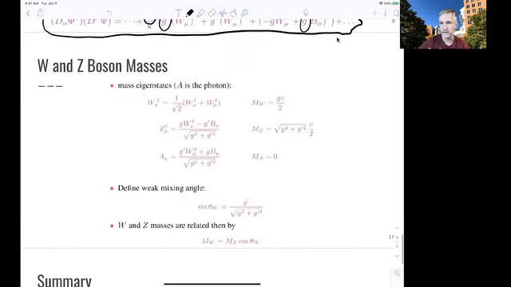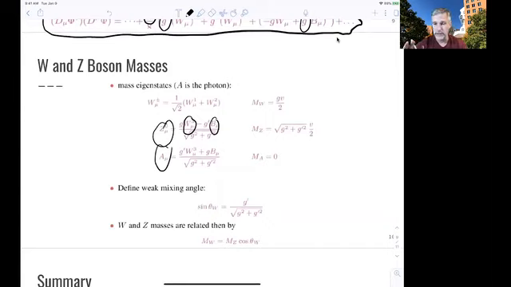If we do this, and this is like a couple of pages of writing, fine. But if we do this, we find again, like before, that the first and second components of our SU2 gauge field give us the charged vector bosons, the W plus and the W minus. And then the Z boson and the photon are mixtures of the third component and the field B. All right, so those are our physical fields.